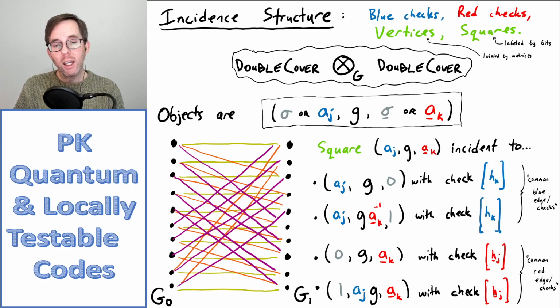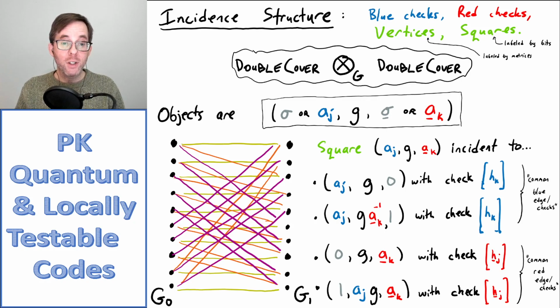On the other side, the incidences go the other way. Since it's G, AK over here, on the right it goes to G, 0 and G times AK, or maybe AK inverse. I think AK inverse, but again, just to say if I got this exactly right, comma 1 here. These are blue edges, and these are red edges, and these are the common ones, again because the squares are the common sites.